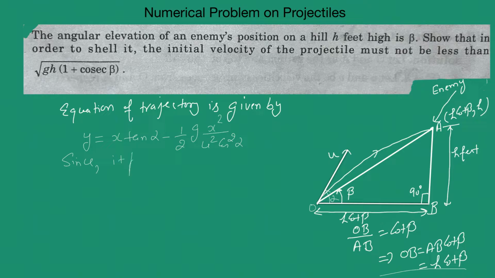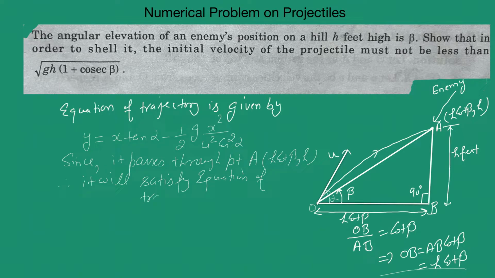Since the trajectory passes through point A (h cot beta, h), it will satisfy the equation of trajectory.